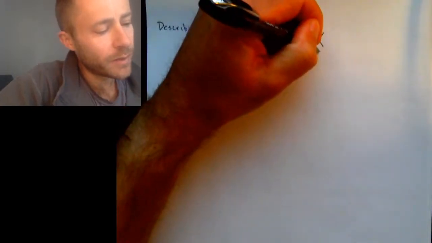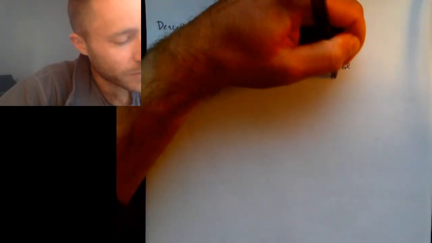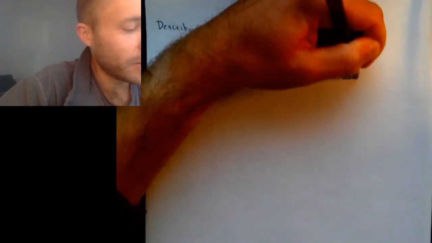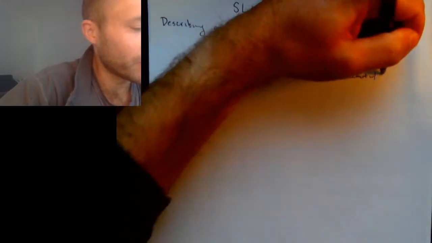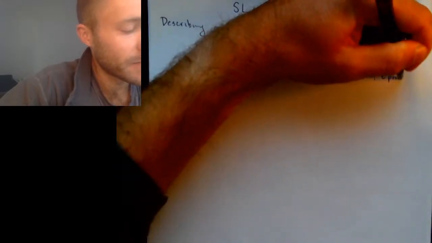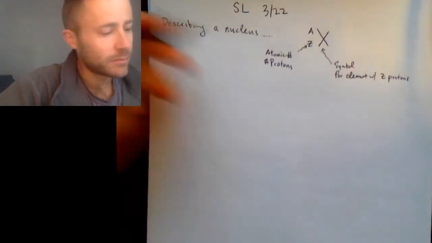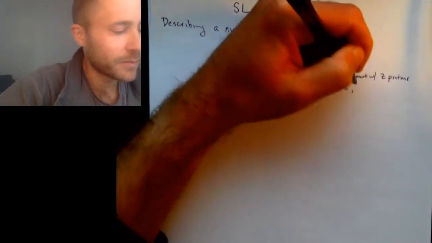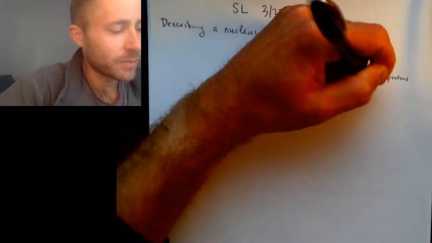So X is the symbol for the element with Z protons. So it could be Fe or, I don't know, Pb, etc.